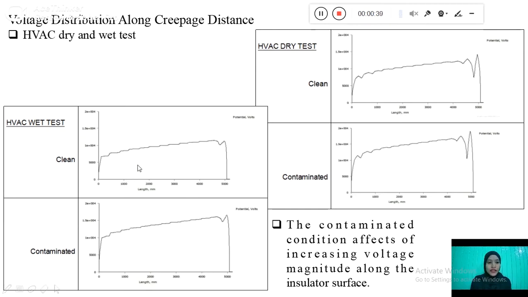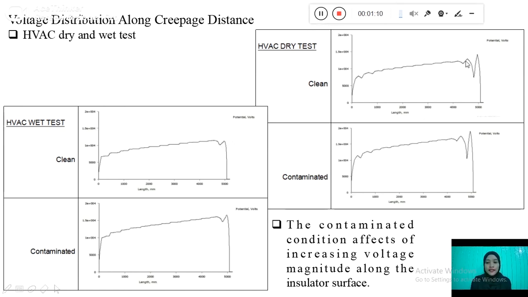As for the HVAC wet test, the voltage distribution for contaminant is higher than the clean one, and as for the HVAC dry test, the contaminated condition is also higher than the clean one. But for the wet test, in this area we can see it decreases just a little bit.